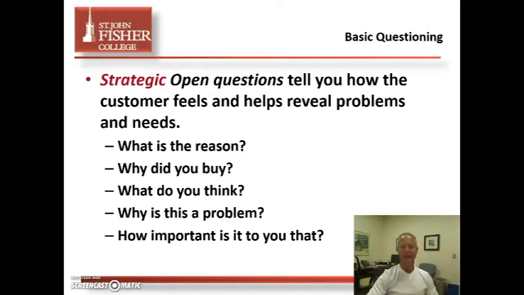Different things like that. Why did you buy? What do you like about the competition? What don't you like about the competition? What problems are you having? Those types of questions are strategic, open questions that will help a prospect or a buyer open up and start speaking freely.